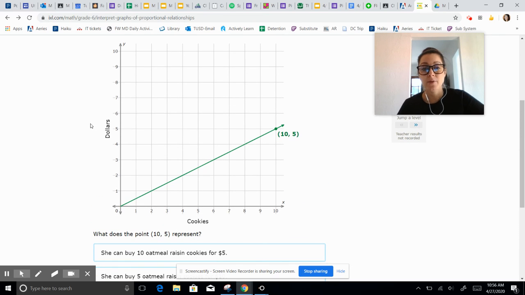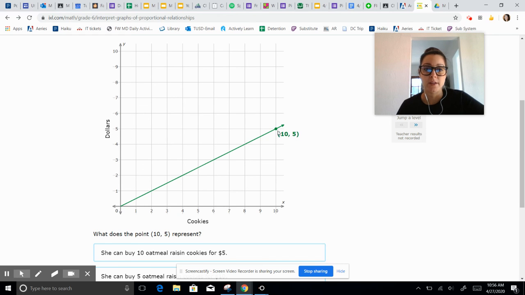And if we were to turn this into unit rate, you could figure out where the point would be for something representing 1. So this is saying like 10 cookies get you $5. So how much would 1 cookie get you?